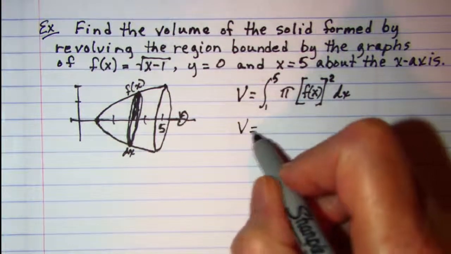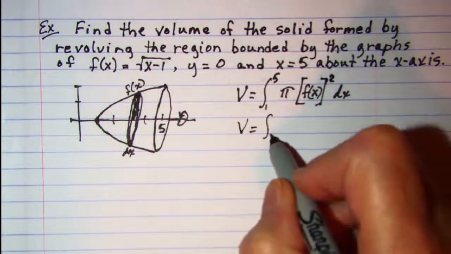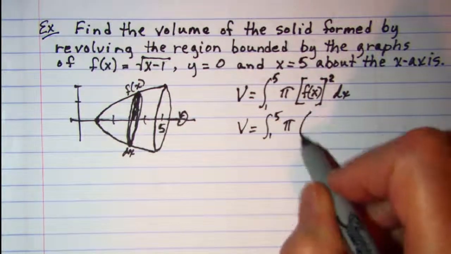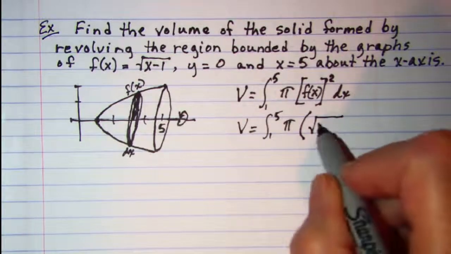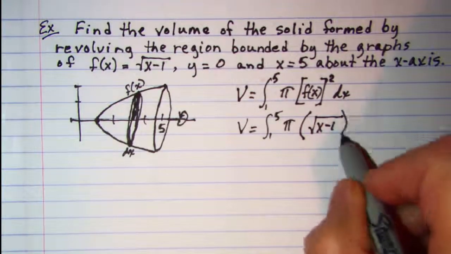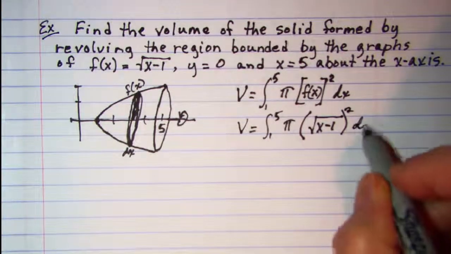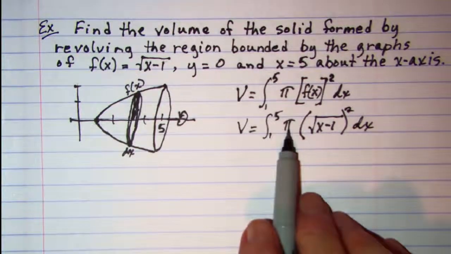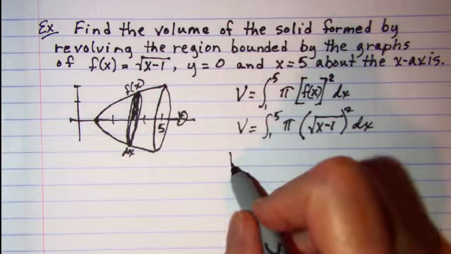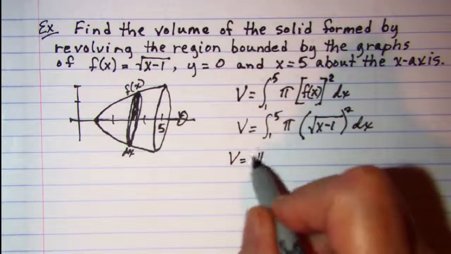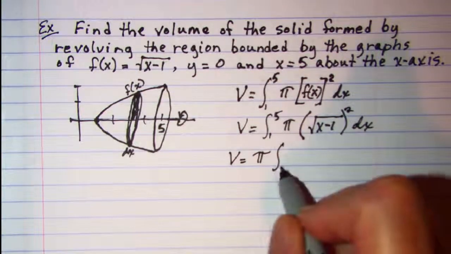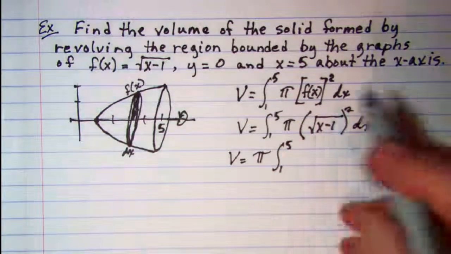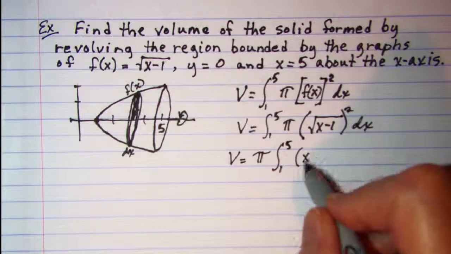My volume then will be the integral from 1 to 5 of pi times the square root of x minus 1, squared, dx. I can take my pi out in front. When I square this radical, I get just x minus 1.